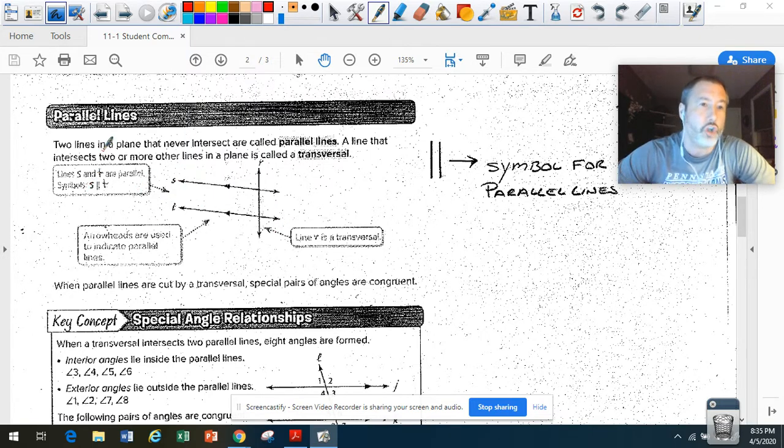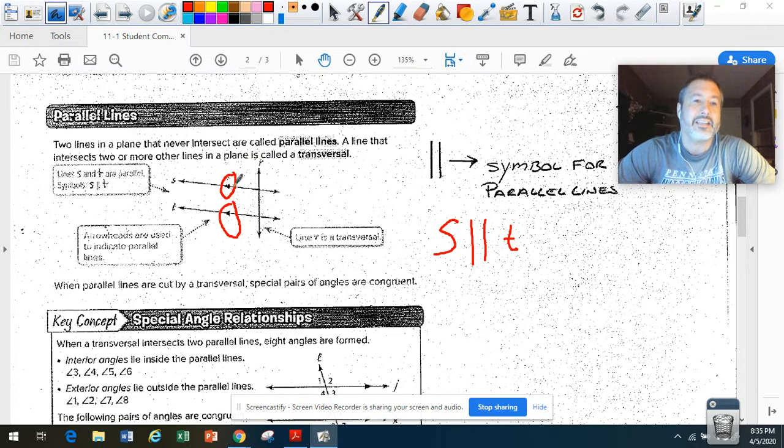Just to show you, there's a couple of things here. It says lines S and T are parallel. Well, that's what we are given. So the symbol we would use, we'd say S is parallel to T. Okay, line S is parallel to T. Now, you also see these arrows here, this arrow and this arrow that are in the middle of these lines.